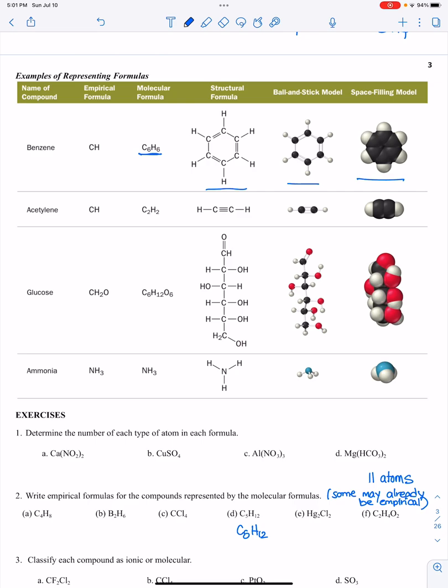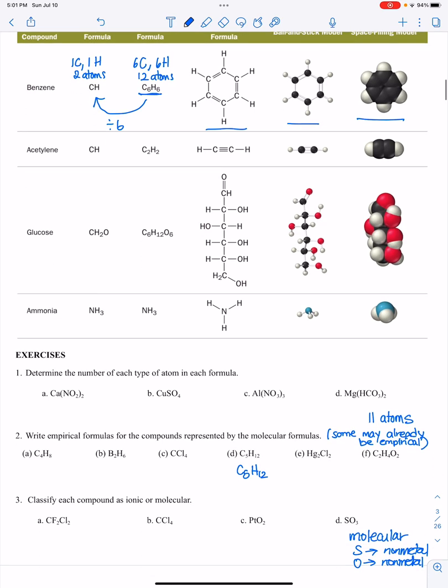That is a molecular formula because that 6 and 6 can be simplified by dividing by 6. If I divide both 6's by 6, I get C1H1, and this would be its empirical formula. This has 1 carbon, 1 hydrogen, that's 2 atoms total. C6H6 has 6 carbons, 6 hydrogens, that's 12 atoms total.